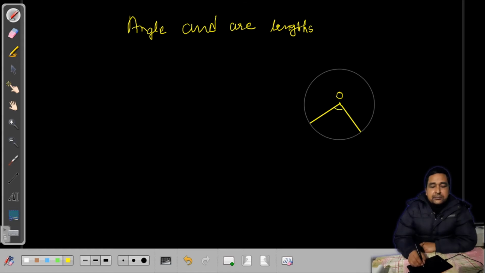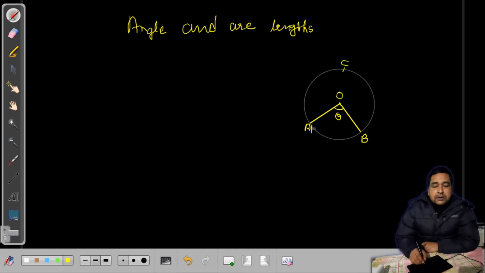Okay, this is the angle, and the angle is indicated by theta. Now there is a formula for the length of the arc. Suppose the arc is marked by A, B.